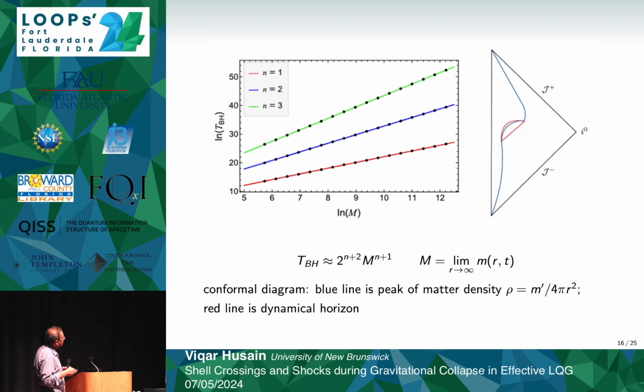And what we find, and this is just a fit because it's an exact metric, is that the lifetime of the black hole depends on the mass to the power n plus 1, and n was that parameter in the velocity which determines how fast the mass function goes in and goes out.